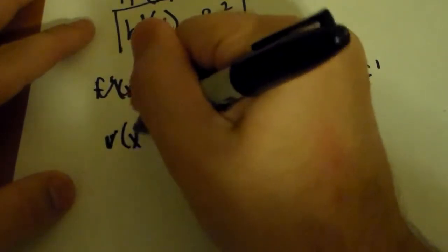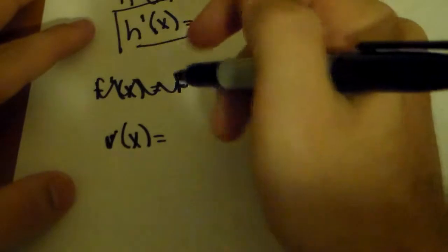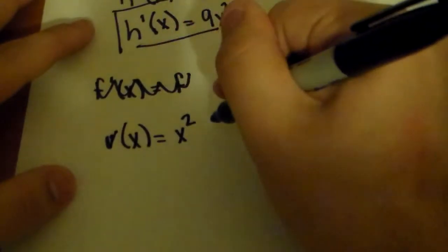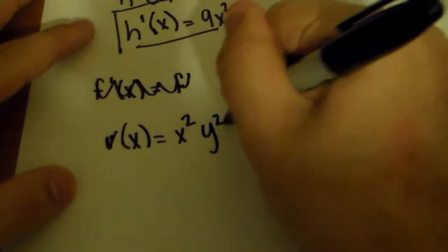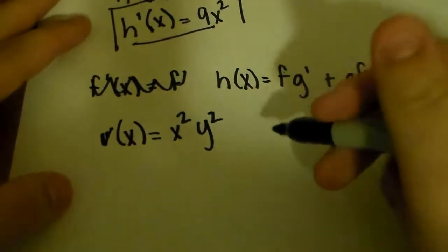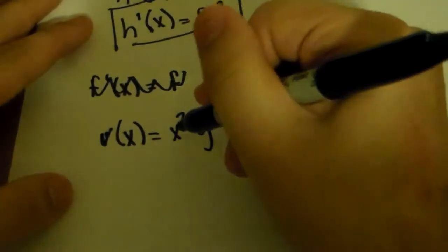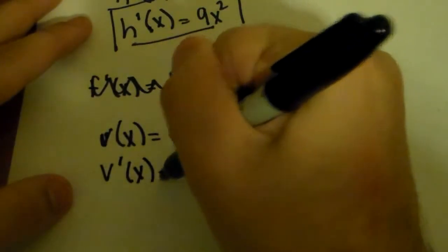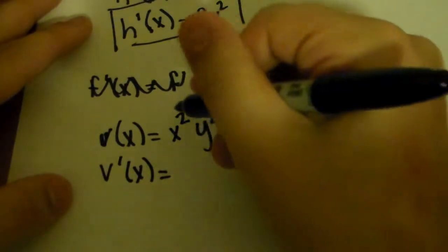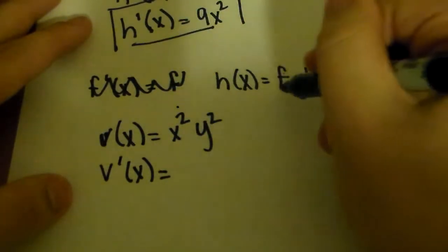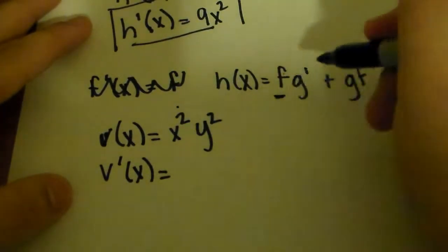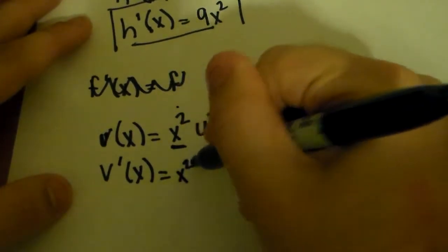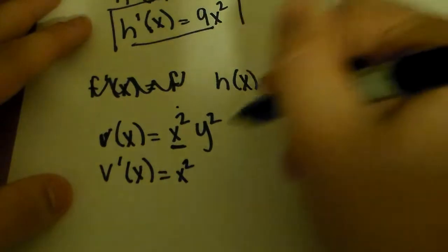So we're going to do v of x equals, let's do x squared y squared. To do that, v prime of x equals x squared, the first, times the derivative of the second.